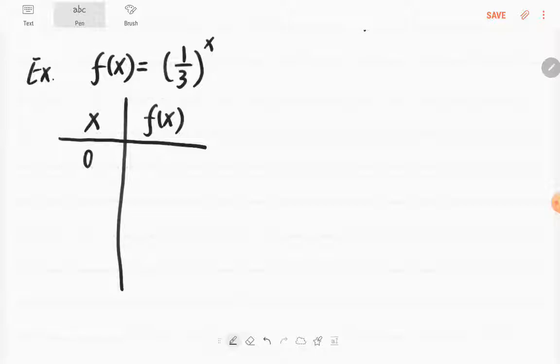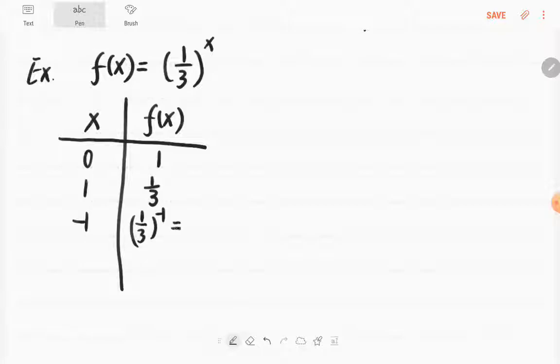When x equals 0, 1/3 to the 0 is always 1. When x equals 1, then this would be 1/3 to the 1, so it's 1/3, right? For 2, it's too small, so it's not convenient for us. Let's pick some negative numbers, negative 1, which is 1/3 to the negative 1.